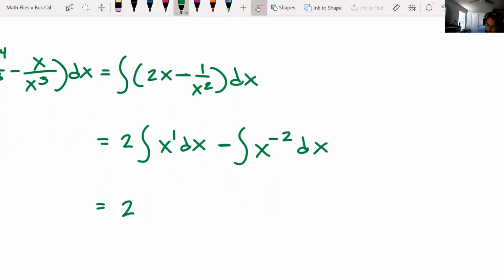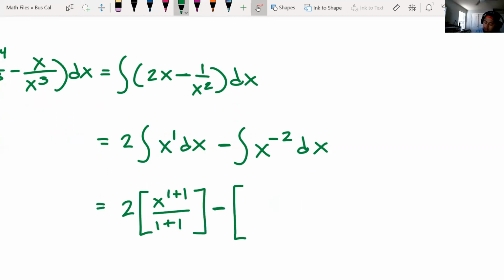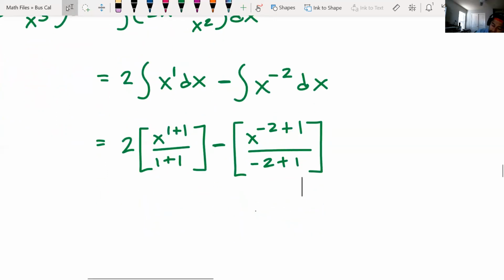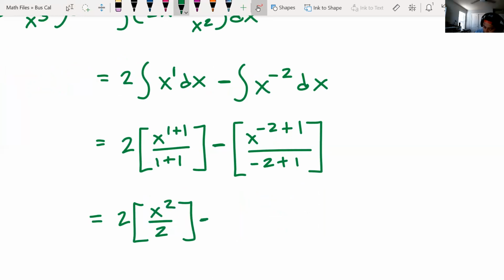So you get 2 times x to the 1 plus 1 over 1 plus 1 minus x to the negative 2 plus 1 over negative 2 plus 1. Clean up: 2 times x squared over 2 minus x to the negative 1 over negative 1.